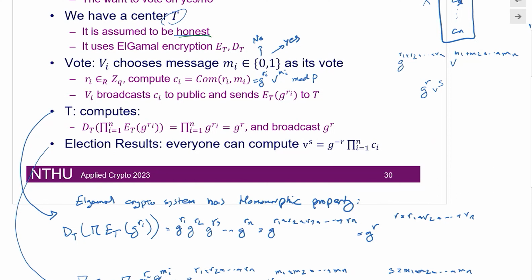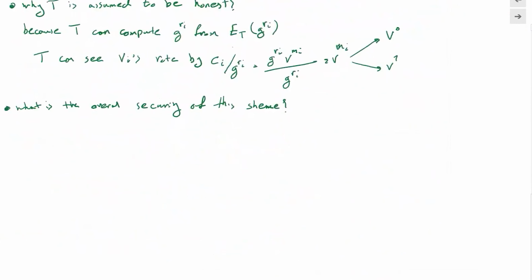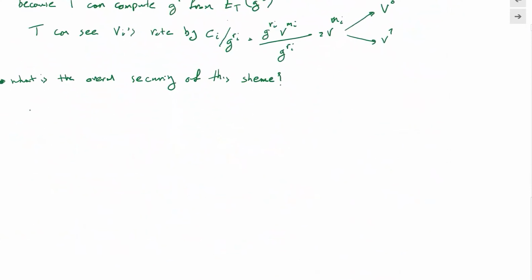So the commitment would remain hidden as long as G to the Ri cannot be recovered. But since we are sharing this with the ElGamal encryption system, and ElGamal is only computationally secure, it means that the entire system becomes computationally secure.